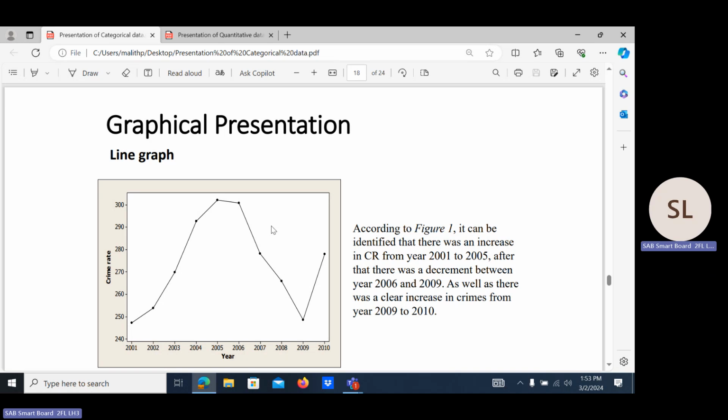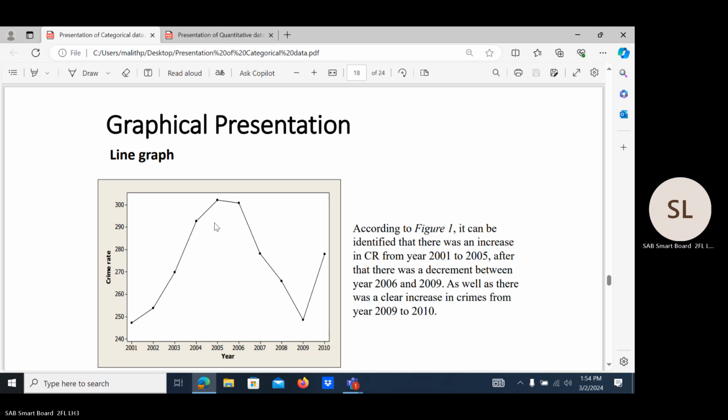Normally, when we use only one variable to represent graphically, we can use the line graph. Then what kind of data can we use to draw the line graph? The value of the variable changes over a time period. Normally when we do time series analysis, we can use the line graph.